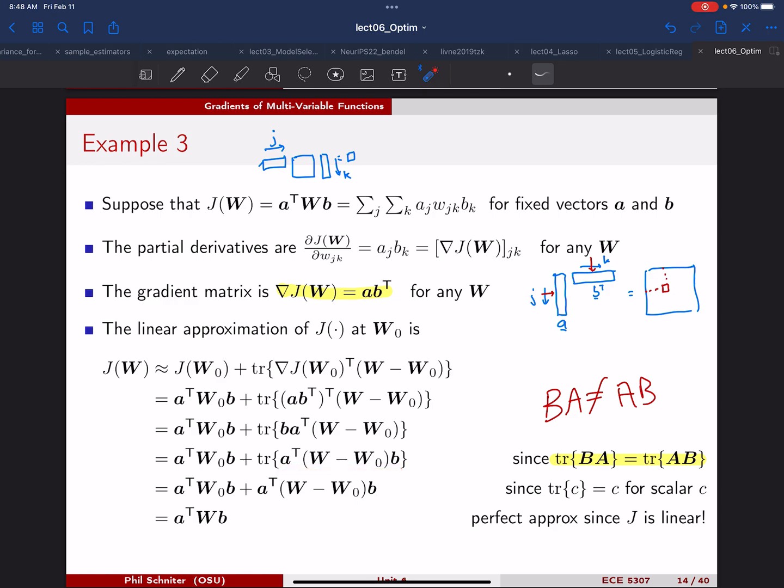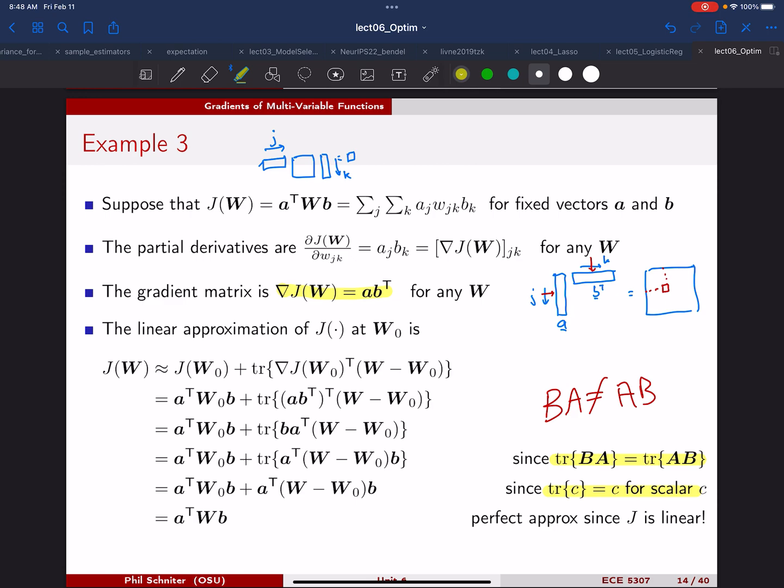Now the next thing to notice is that this is actually just a scalar because I have a row vector times a matrix times a column vector. So it has this kind of form. It's a scalar. So the trace of a scalar is just the scalar itself, because the trace is a sum of diagonal elements, and if all I have is a scalar, then there's only one diagonal element to sum, so I don't even need the trace there.